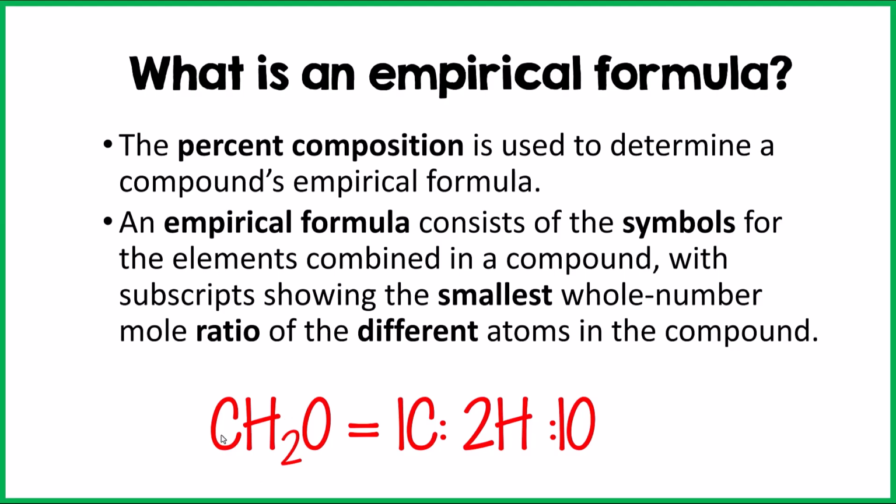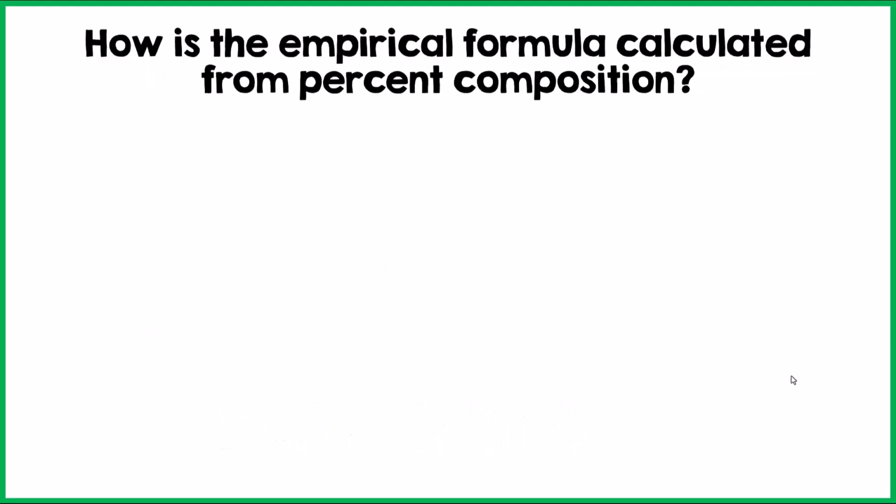It could be C2H4O2, and that would still give us the same ratio of 1 carbon to 2 hydrogen to 1 oxygen. And so this is the smallest ratio. These are the smallest subscripts that you can come up with for a formula for a particular substance. And let's go through exactly how we calculate an empirical formula.